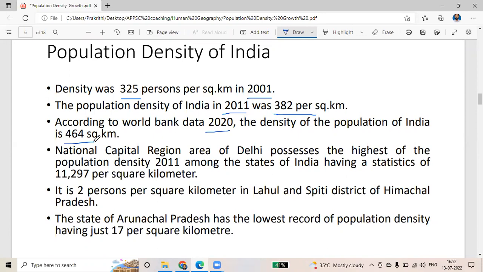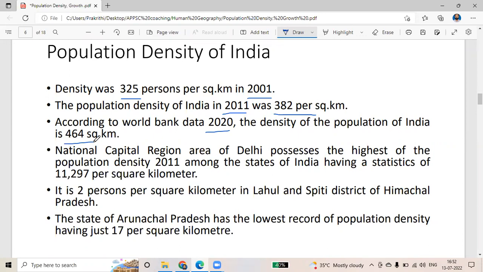Population density is increasing. What does this mean? Per square kilometer in India, 464 people have to stay. If we take the Asian average, only 108 people have to stay. And if we take the world average, it is only 16. So that much of increase in the population density of India.